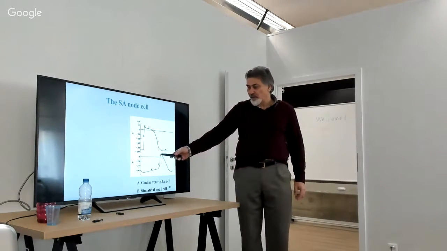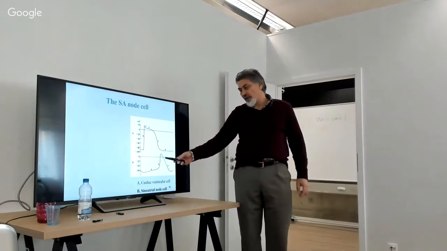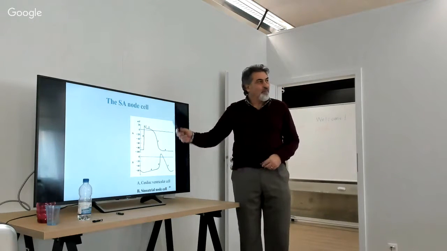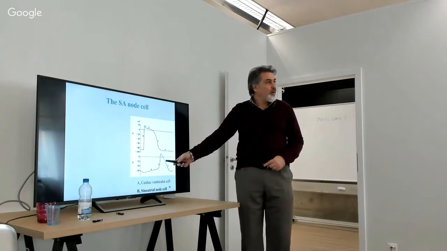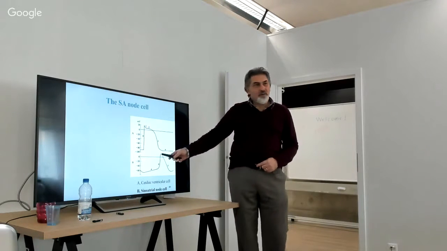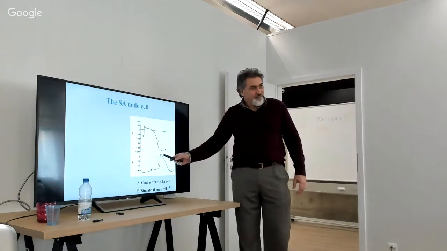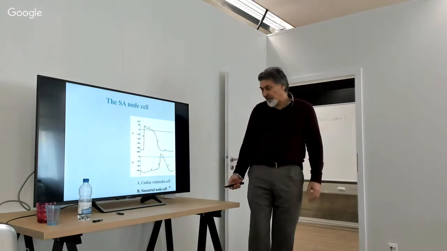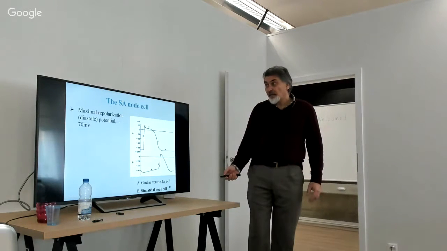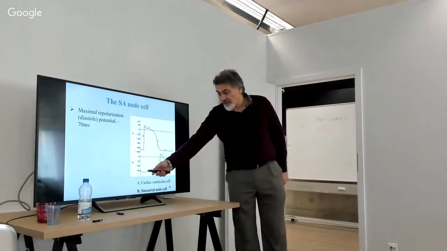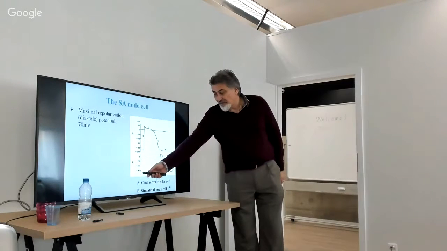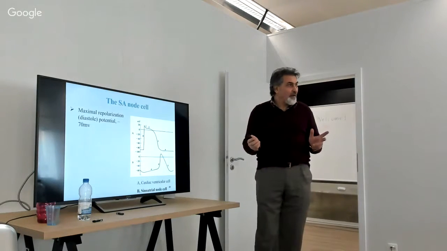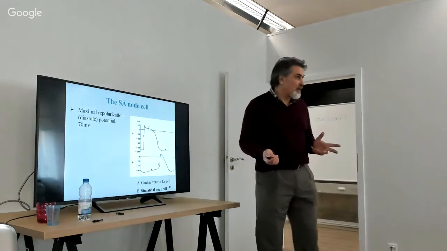Then we have a slower action potential with no phase 1, with a little bit of plateau, and then phase 3 repolarization. Their maximum depolarization on diastole is minus 60, minus 70. So it's different. They don't have so much inward rectifier.